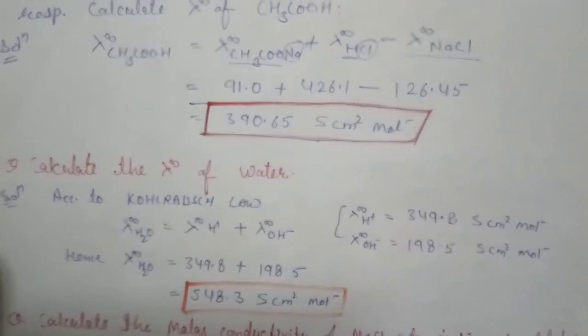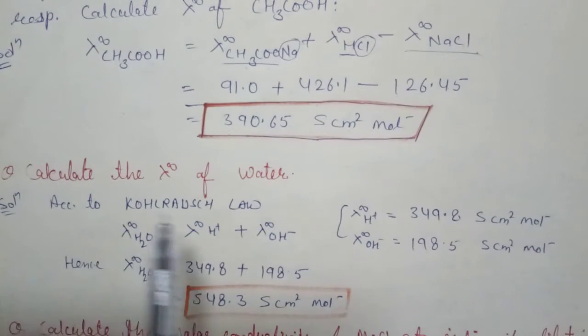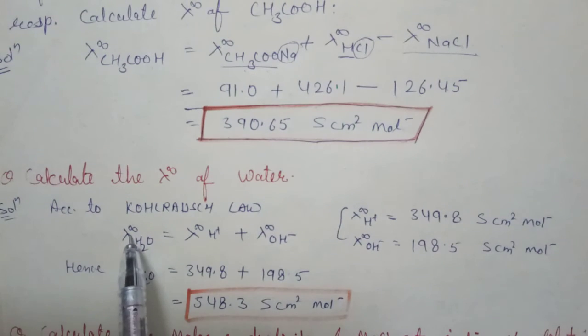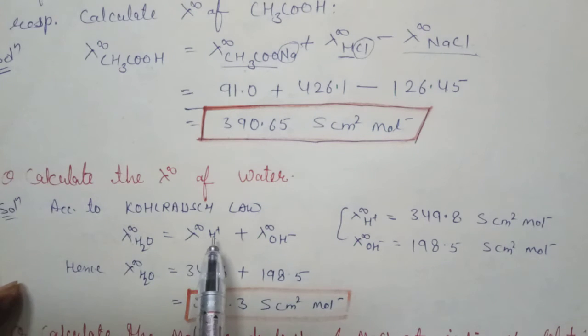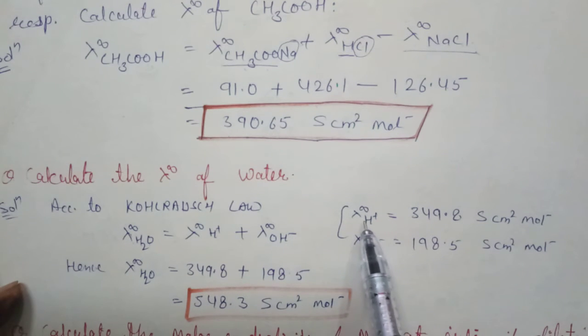Okay. Next example: calculate the value of lambda infinity of water. According to Kohlrausch law, water means H2O. Lambda infinity H2O will be equal to lambda infinity H plus plus lambda infinity OH minus. Lambda infinity H plus and OH minus are fixed values.